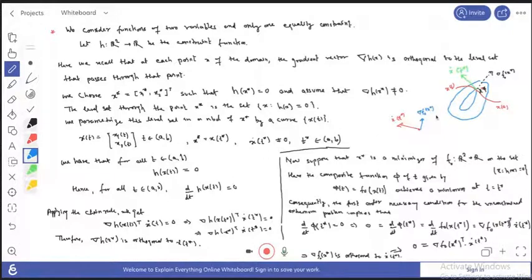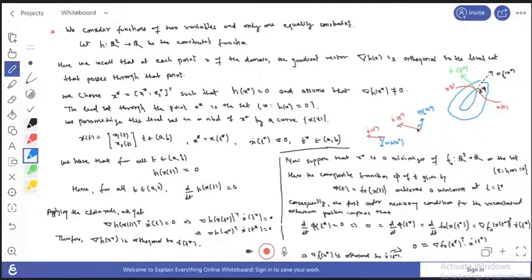This is orthogonal to this thing. Also, from here you can see this is your x dot t star, and this is the gradient of h at x star. So this is also orthogonal to this thing.